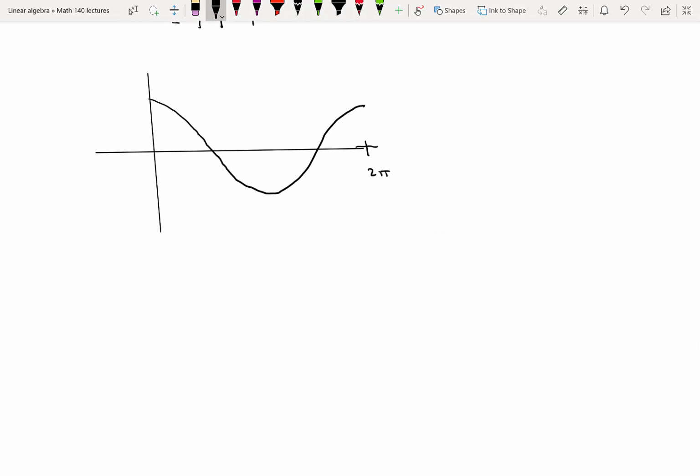And I want you to follow along with me on this. One period, when again we're looking at y equals just plain old cosine x.